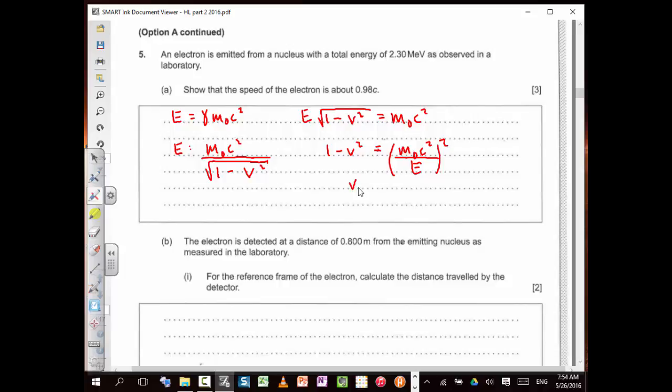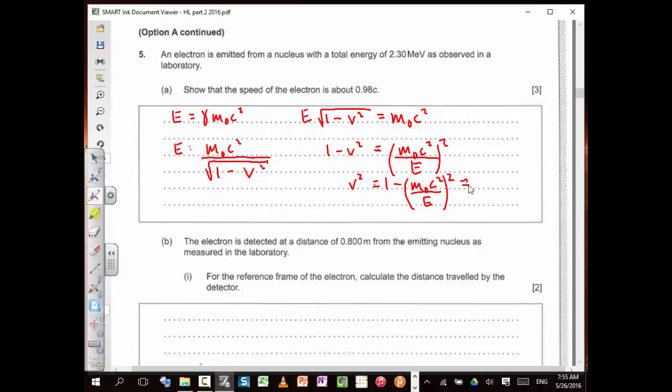And so v squared is equal to 1 minus m naught c squared over E, all squared.